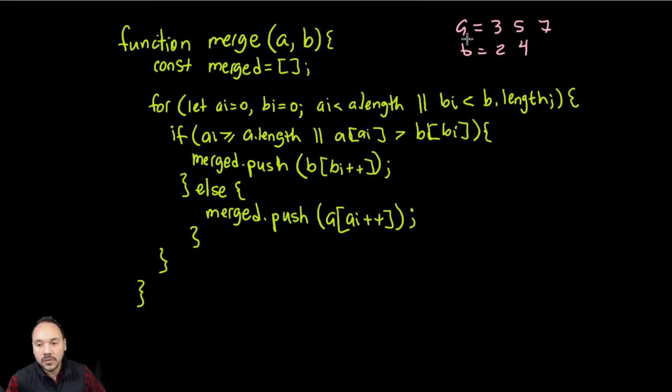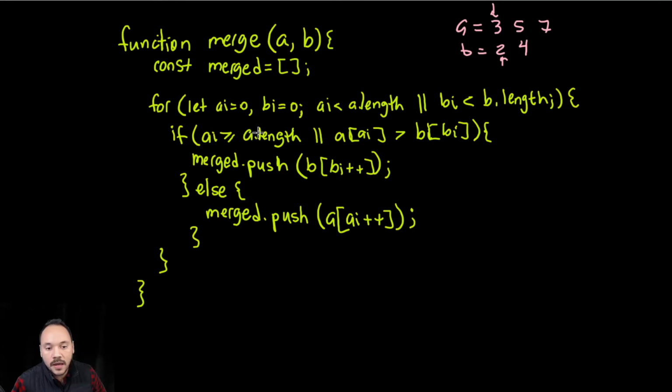Both of them are going to start at index 0. And then we're going to go through all the numbers. They may have different lengths. We have 3 elements, 2 elements. We are going to go until all of them are finished.